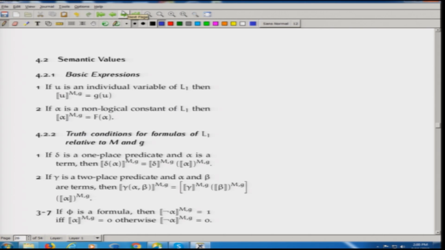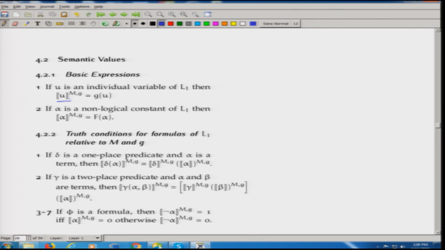Okay. So, the semantic values of each and every variable. If u is an individual variable of L1, then the reference of u with respect to m g, we'll know about g later, is whatever g assigns to u. We do not know g right now.